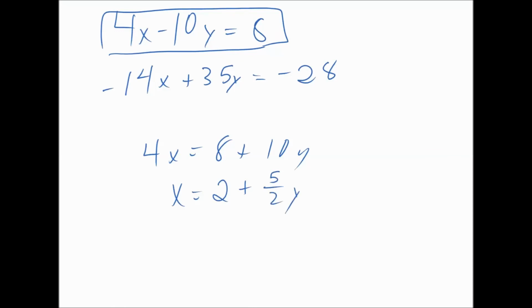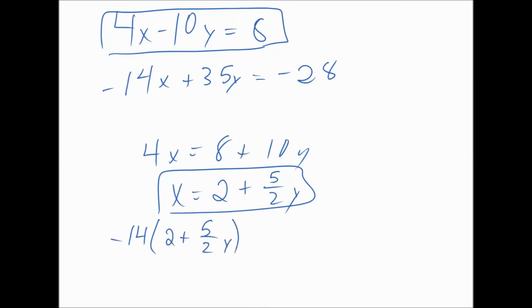Okay, let's plug this in on the bottom. We're going to get -14 times (2 plus 5/2 y) plus 35y equals -28.